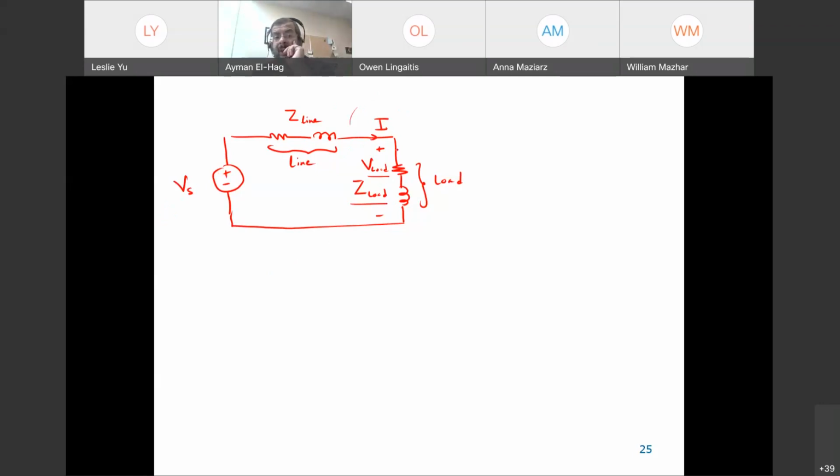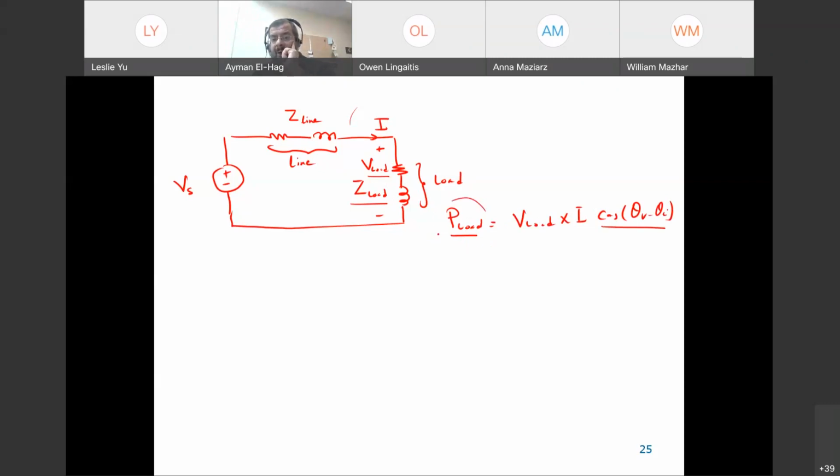Okay, now this is your voltage here. This is your current. So the power that is consumed at the load is equal to V at the load times I times cosine of theta V minus theta I. So if I know V and I know I, then I can find P and I can find cosine theta.